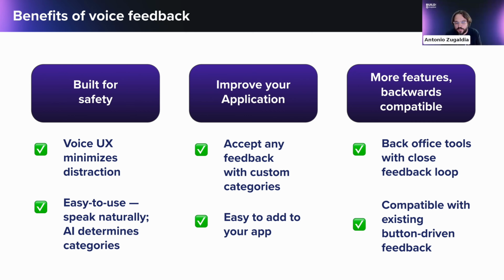You can create custom categories. You can let your drivers use the same mechanism to give you feedback and improve your application. And all of this with the same simplicity that we have today for category-based feedback. We give you an SDK that is easy to integrate. You just need to present this button, and everything else is taken care of by the integration.